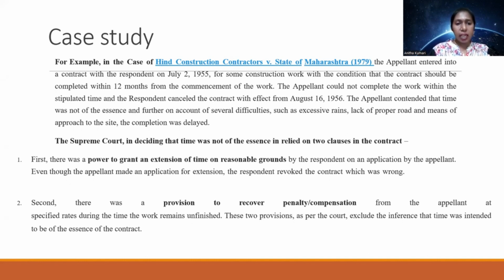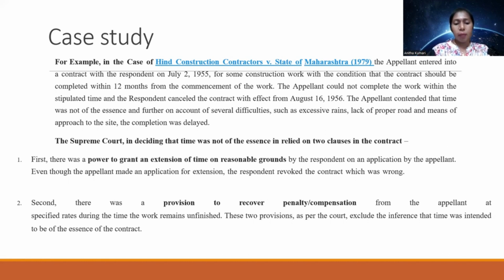The Supreme Court, in deciding that time was not of the essence, relied on two clauses of the contract. So actually, the Supreme Court has given two ways of relief. One is the power to grant an extension of time, because the builder has given a clear explanation for the work not done by himself. Why?